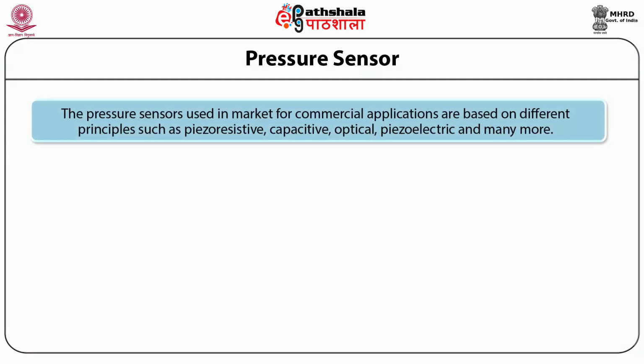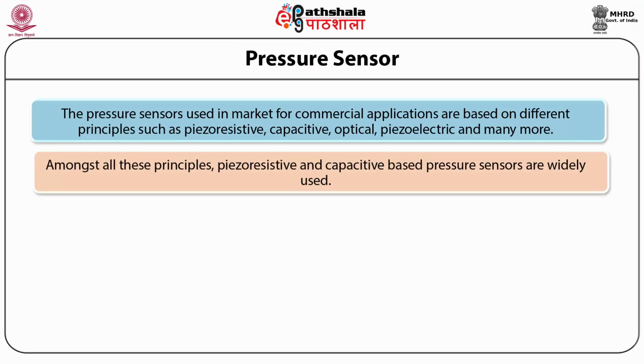The pressure sensors used in the market for commercial applications are based on different principles such as piezoresistive, capacitive, optical, piezoelectric, and many more. Amongst all these principles, piezoresistive and capacitive based pressure sensors are widely used.